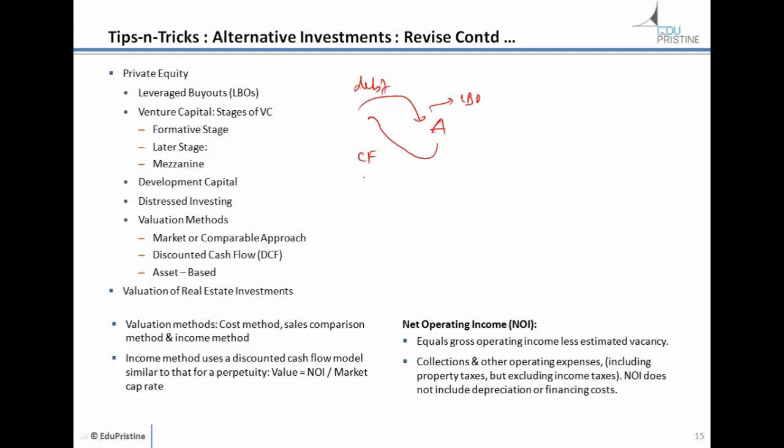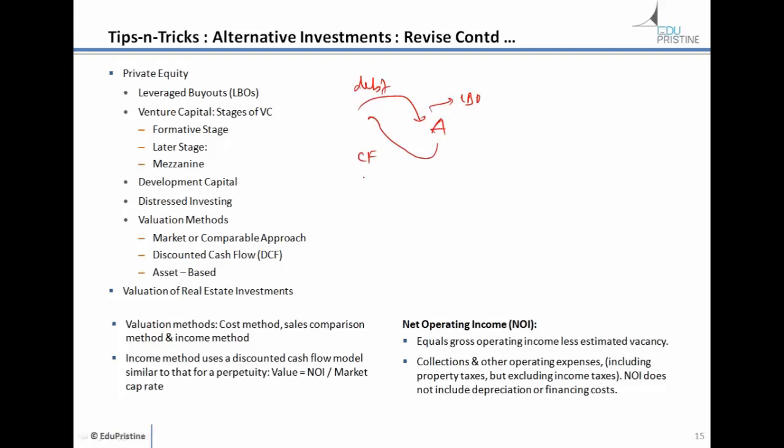You may be asked to compute the net operating income. Apart from that, I don't see much quantitative stuff coming in for alternative investments. It will be more of theory and less of quant.